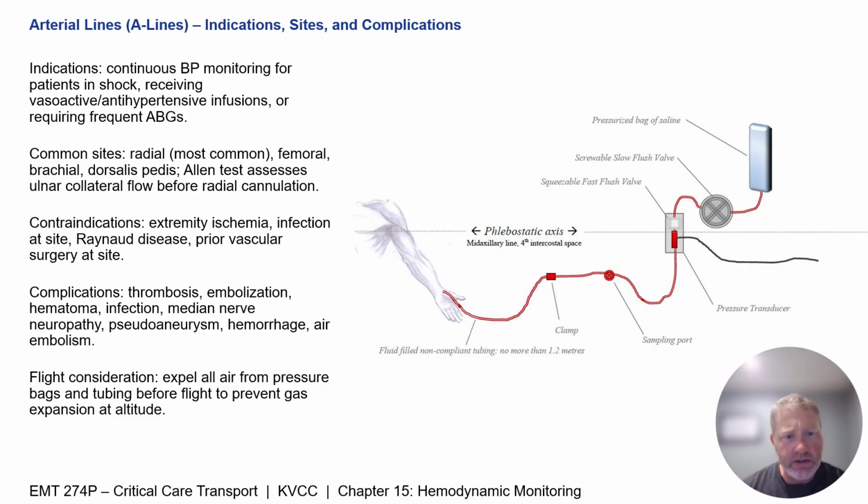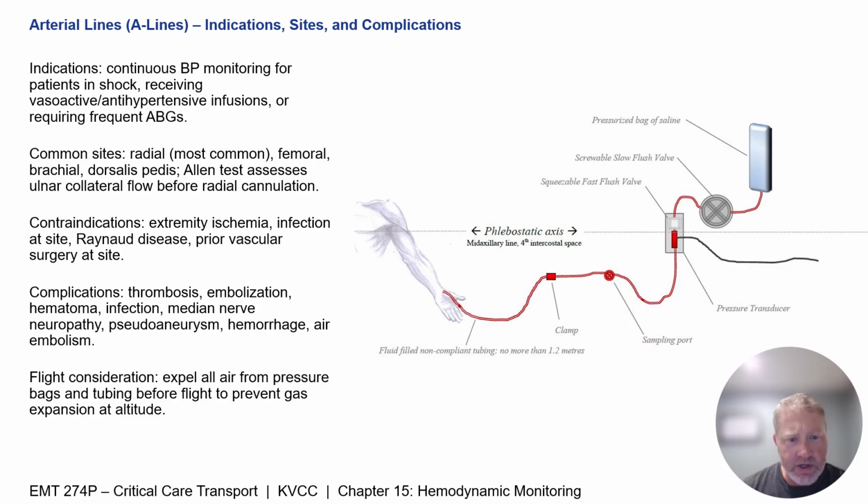Indications for art lines, there's a lot of them, but anytime you need continuous blood pressure monitoring for patients in shock, and patients who are receiving vasoactive or antihypertensive drugs or infusions, or patients who need repeat or frequent arterial blood gases.